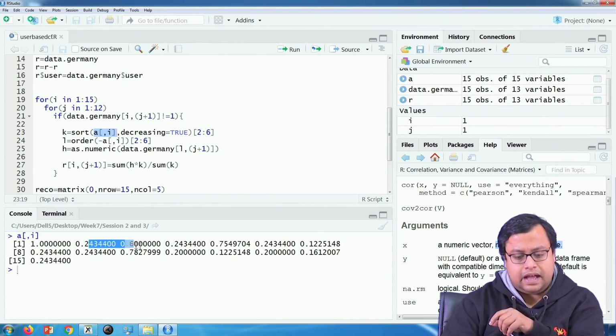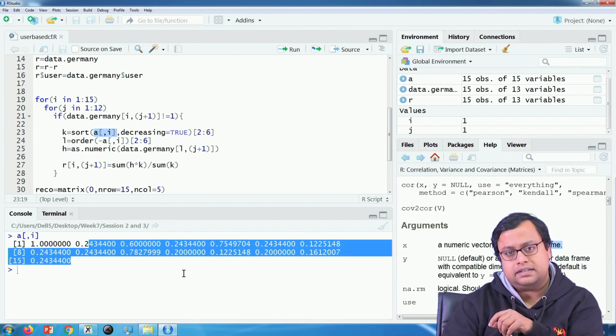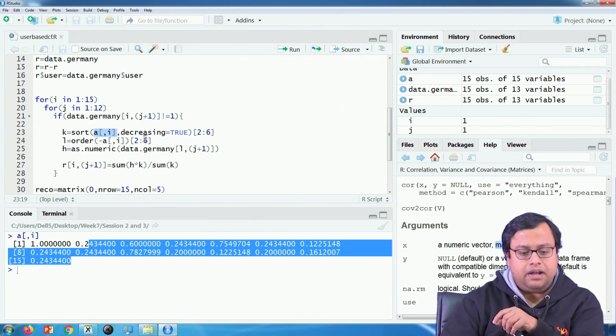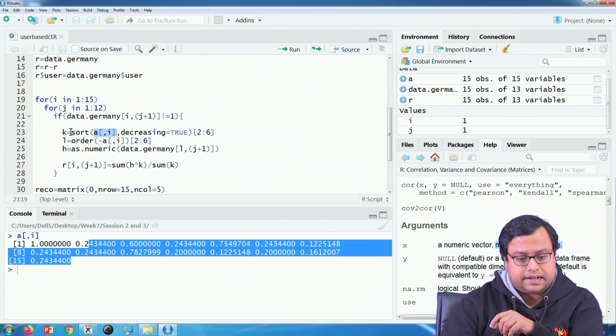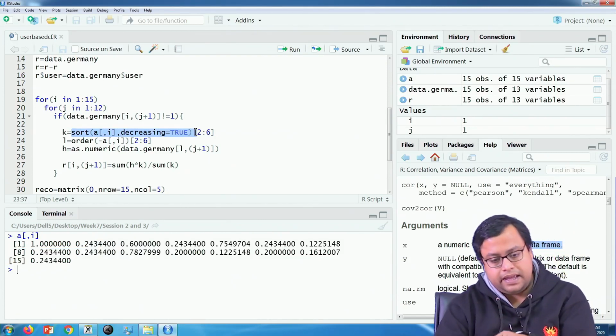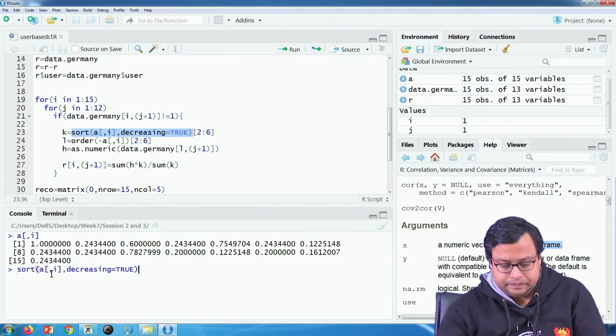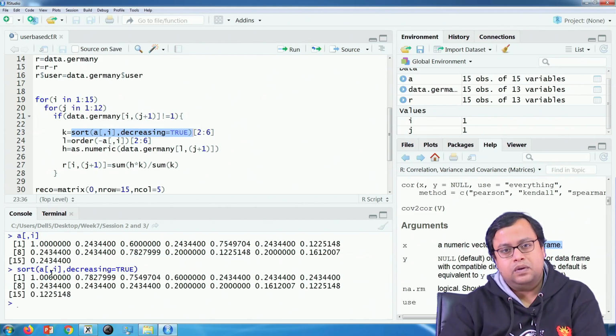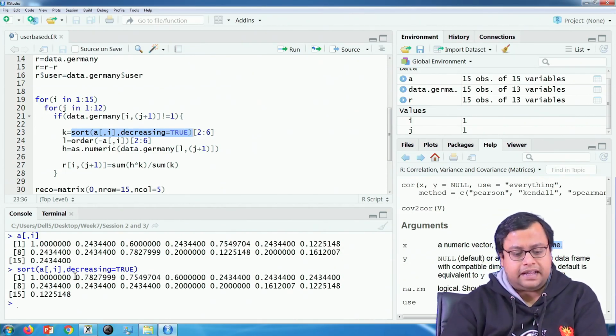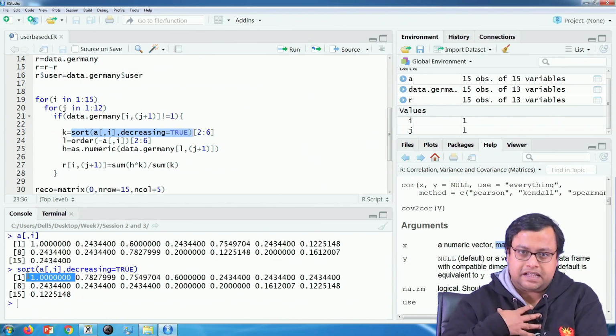And then these are the other correlations that this person has. Fair enough. Now, if I sort these in decreasing order, that means from highest to lowest, I get this, 1 comes at the top and then the other values. Now, I will not take 1 because this corresponds to himself.